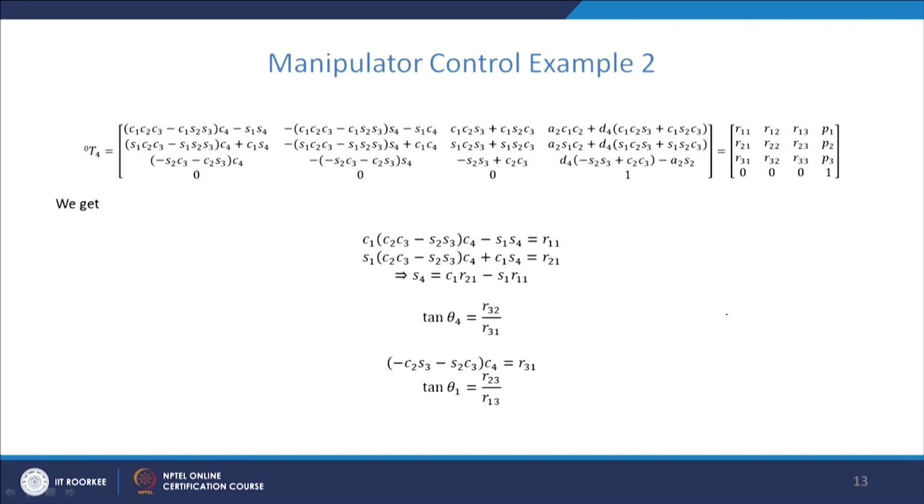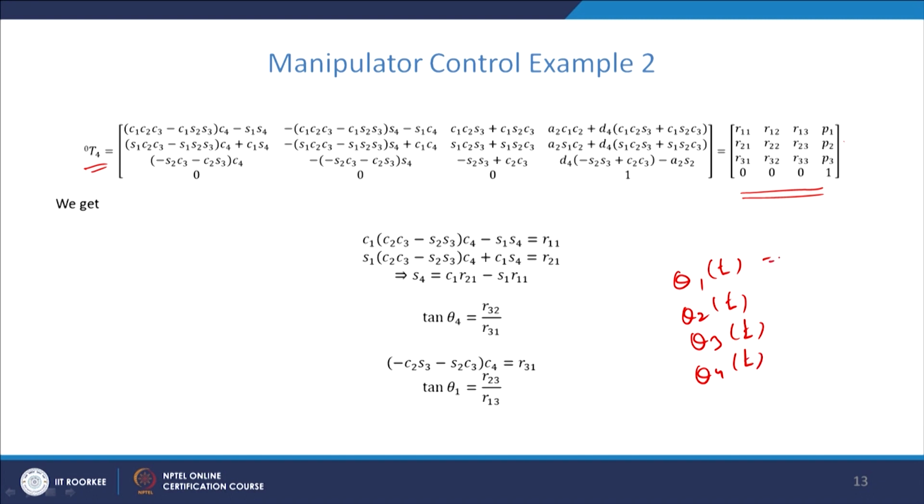So, firstly the arm matrix 0T4, as we have seen in the inverse kinematics lecture, the 0T4 for this particular manipulator is given by this expression. So, if we know the 0T4 for each instant of time as a function of time, then we can solve the inverse problem for all the angles theta 1 as a function of time, theta 2, theta 3 and theta 4.